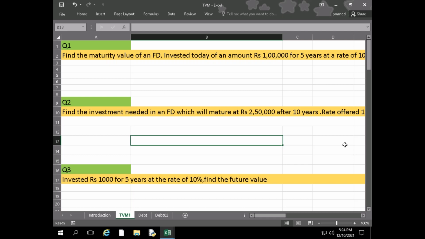See, they are telling to find the investment needed. Investment in the sense cash flows out or cash flows in. What's the EMI? EMI in the sense we have to pay, no, sir? Yeah, EMI is what you have to pay.